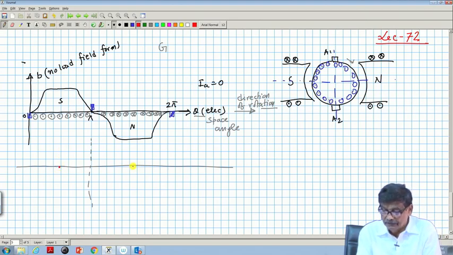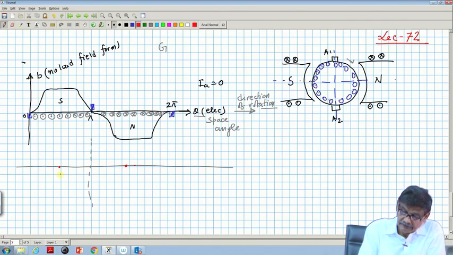Identify the middle point, this is one brush, this is approximately the middle, somewhere at the middle point, and it will then be like this.